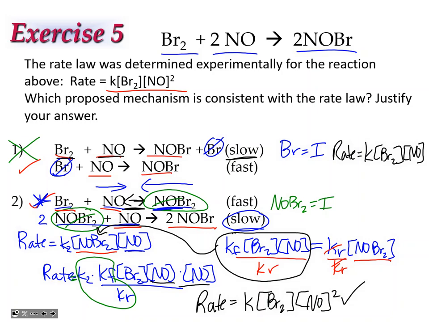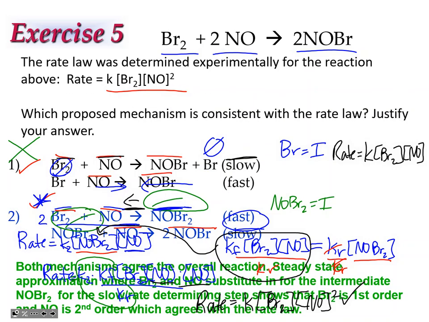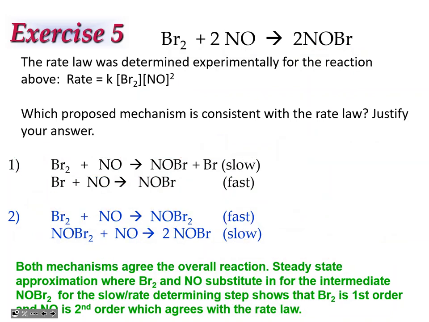So justifying the answer, you can show the substitution, like so. That steady state approximation shows the substitution here. Now, if you want to add in, for the justifying, you can definitely explain it, which is what I do here. Both mechanisms agree with the overall reaction.